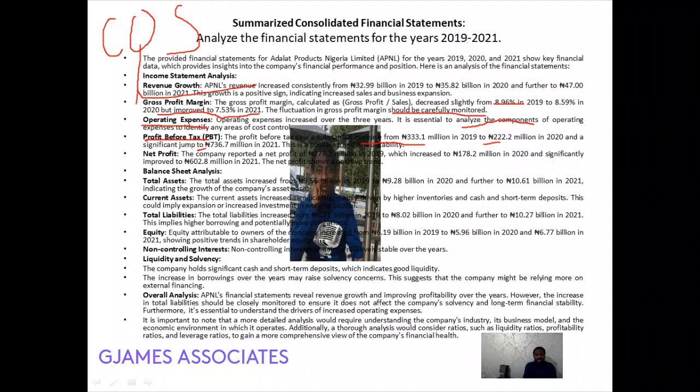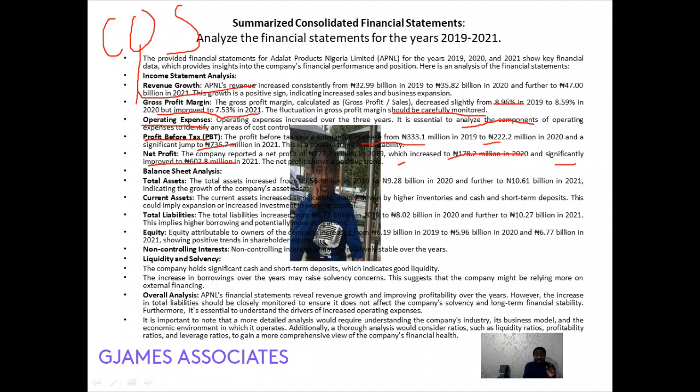So we need to know why profit before tax is increasing. Net profit was equally reported, and it was increasing significantly in 2021. So it increased, maybe because of COVID, right? But you need to know and give them the point why it is increasing.